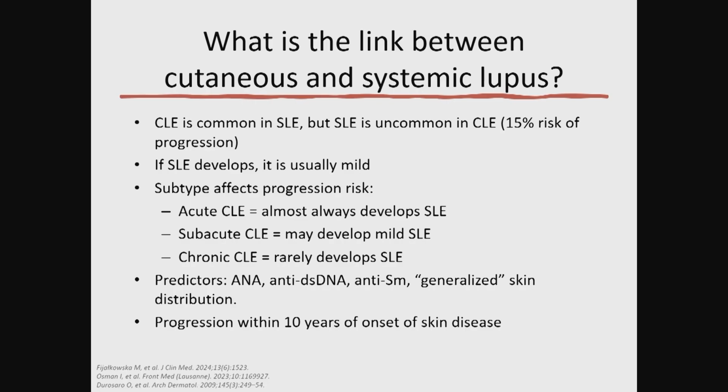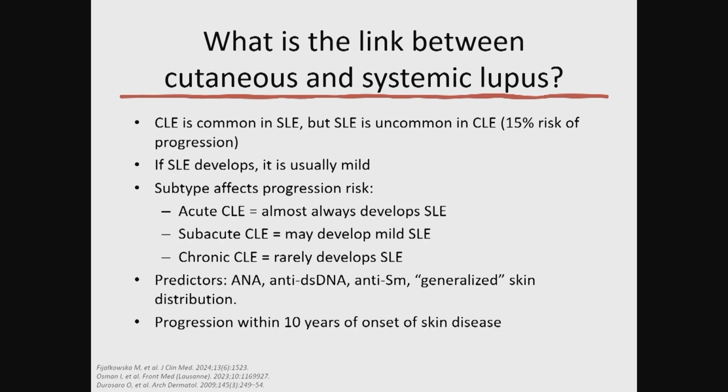And so you can reassure them that only 15% will go on to develop systemic disease. Usually it's a skin-limited condition. And of the ones that do progress to systemic disease, typically it's mild. But you can also offer an educated estimate of what their risk is based on two factors.